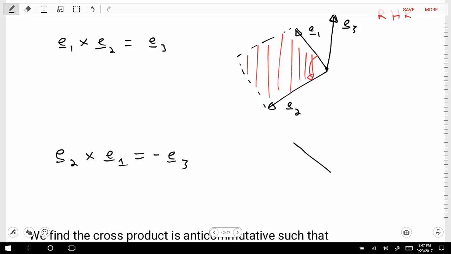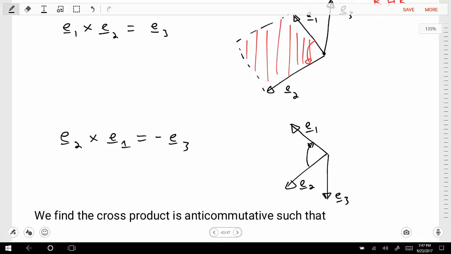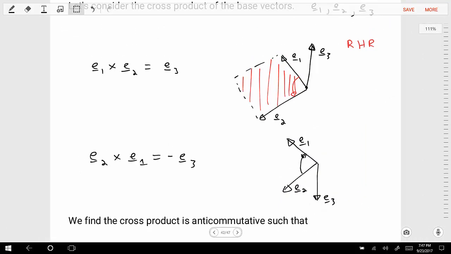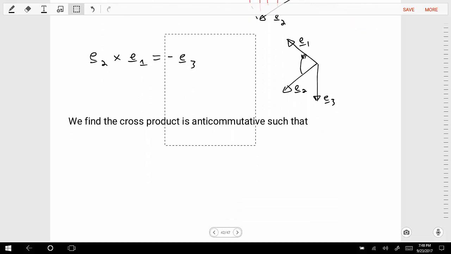In essence, what we've done is we've switched the order in which we perform this operation, and in order to maintain the right hand rule, the sense of the normal must be negative. And so, based on using the right hand rule, we find that the cross product is actually anti-commutative.